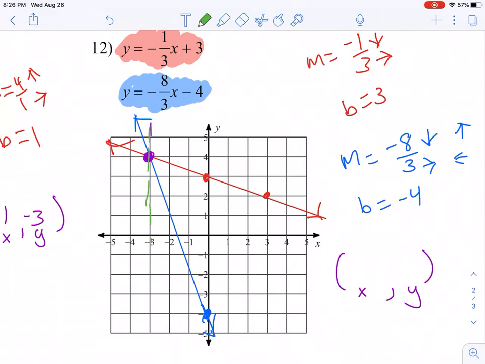But if I were to follow my point down the line, it crosses at -3. And if I was to follow this line across where my point is, it goes through +4. So that's just a visual to show you where I'm looking to get those coordinates.